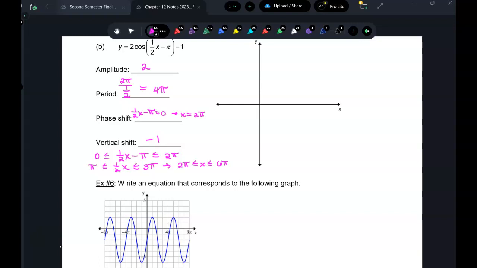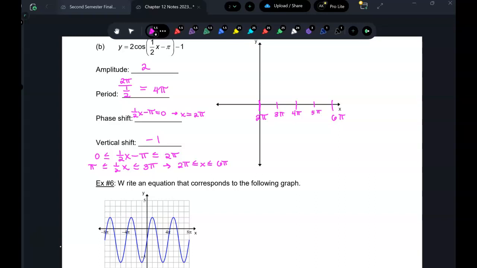Do you want to label this as 2 pi? That's fine. And then over here that'll be 6 pi. Smack dab in the middle of 2 pi and 6 pi will be 4 pi, and 3 pi and 5 pi.